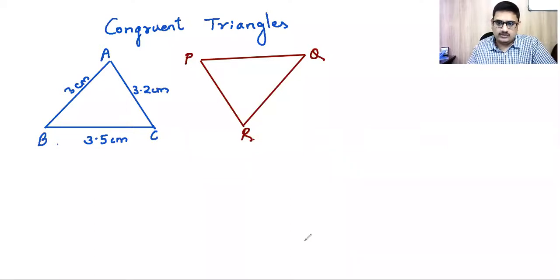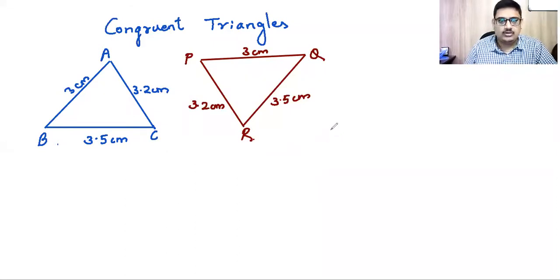For the second triangle, triangle PQR, I'll say this is 3 centimeter, this is 3.5 centimeter, and this is 3.2 centimeter.